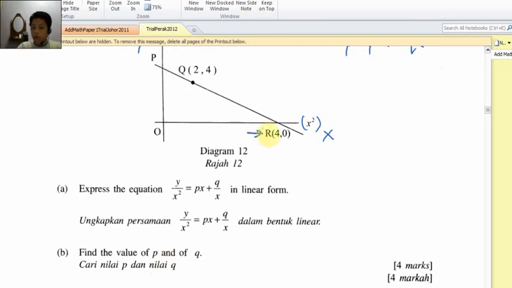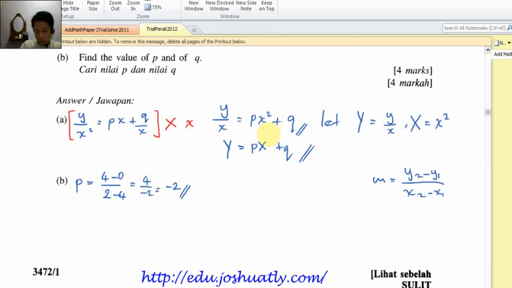Let's substitute the value, p is known, at coordinate (4, 0), then y... let's use back the equation just now.